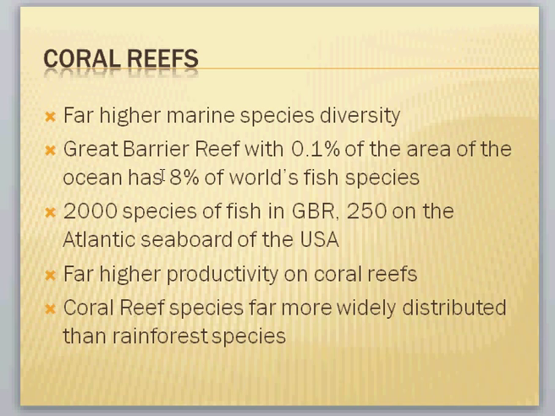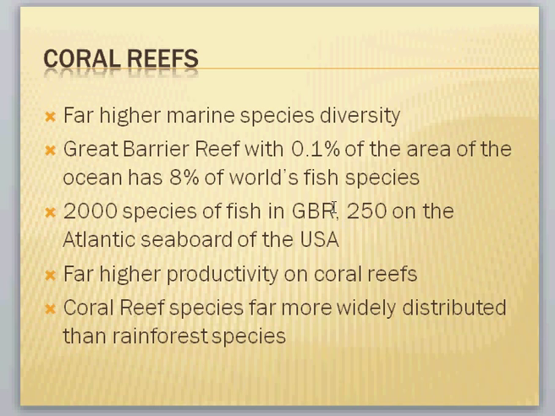There are 2,000 species of fish in the Great Barrier Reef, GBR is Great Barrier Reef, and 250 on the Atlantic seaboard of the United States. So an order of magnitude higher on the Great Barrier Reef.